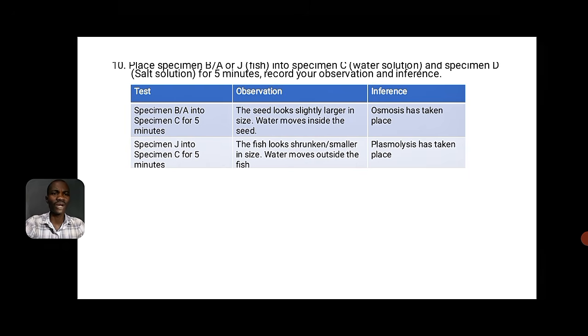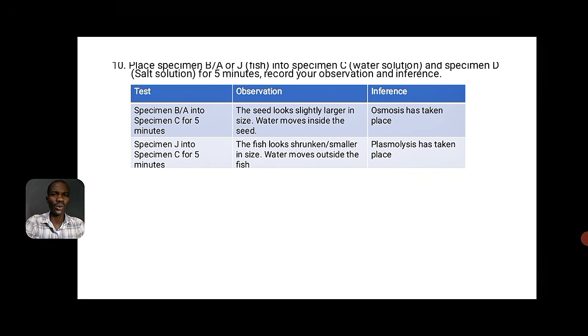What you are going to have there is the seed looks slightly larger, or the fish will begin to swell up. If it is the fish that you have put in, the fish will begin to swell up, which means that water has moved inside the seed, or inside the fish. So what has taken place? Your inference will be osmosis has taken place.